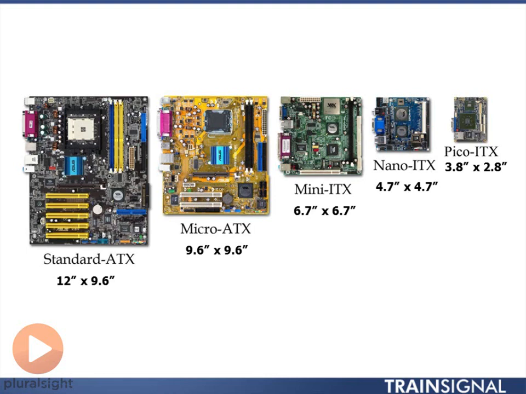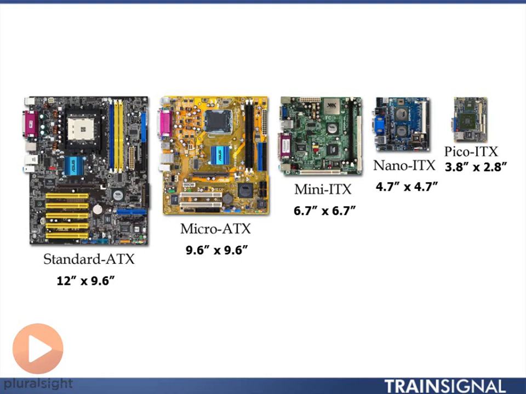Now, the thing that was most distinguishable about the AT motherboard is that it had something called an AT keyboard connector. Now, I don't have a picture for you here, but I will tell you that when we get to a lesson where we look at the various different connectors, I'll show you what this large round keyboard connector looked like. And that's kind of how you could recognize the AT motherboard.